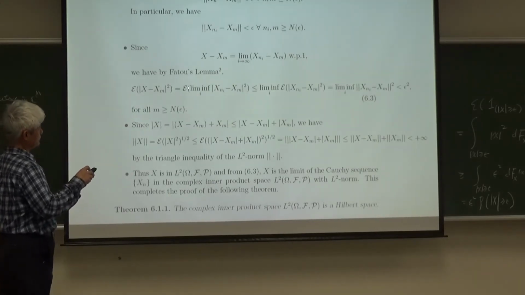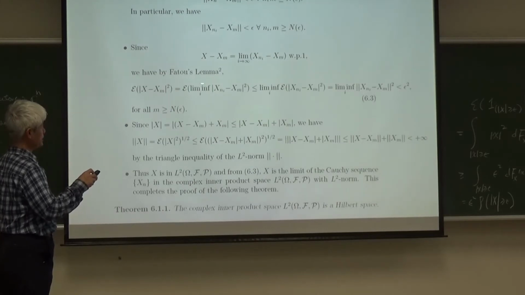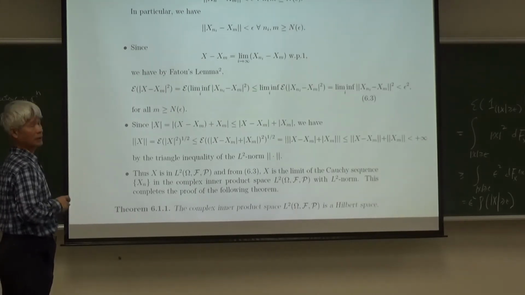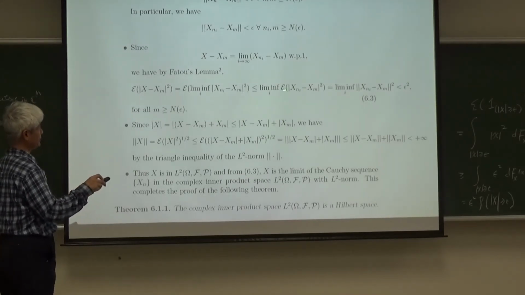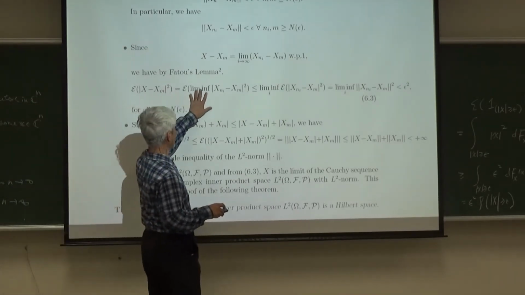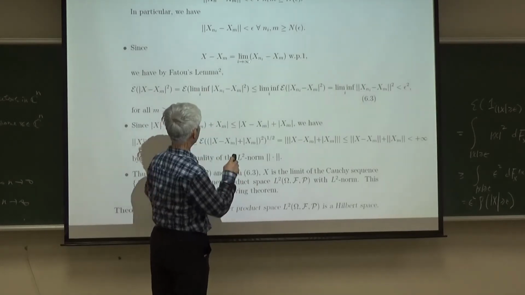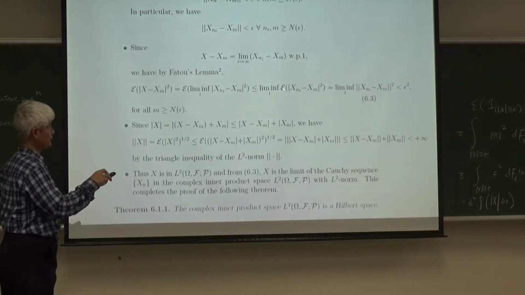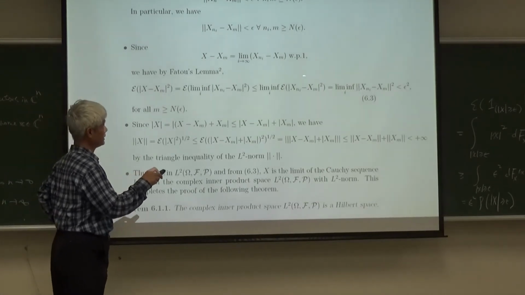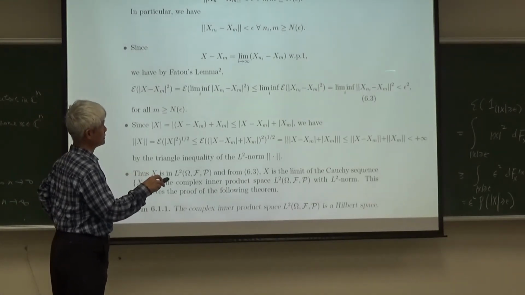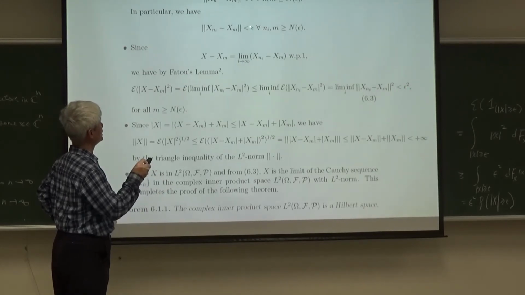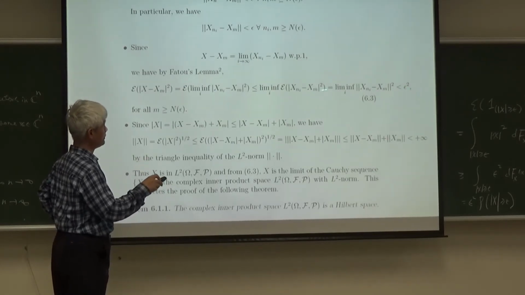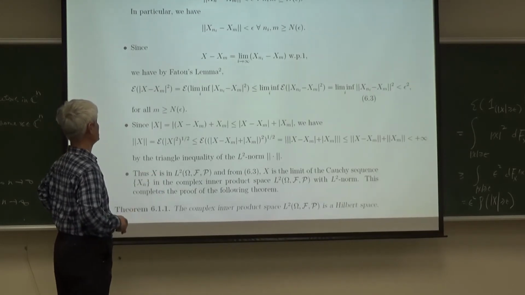And the expectation of the lim of a sequence is less than or equal to the lim of the expectation. It's called Fatou's lemma. But it is applied to the lim, not applied to the limit. So we have this inequality, and the expectation, we know it has an upper bound epsilon. So the upper bound is epsilon squared.